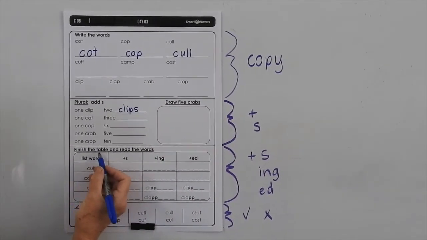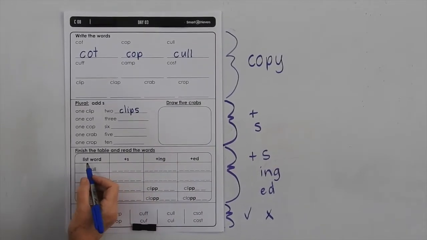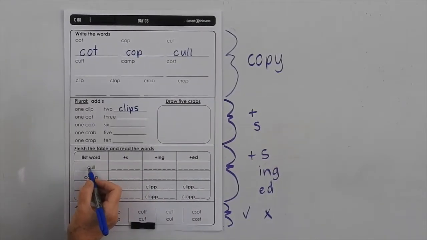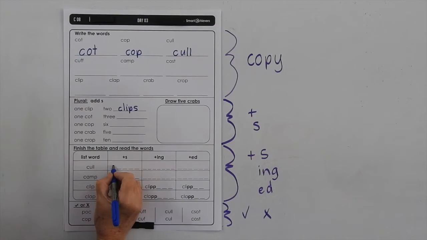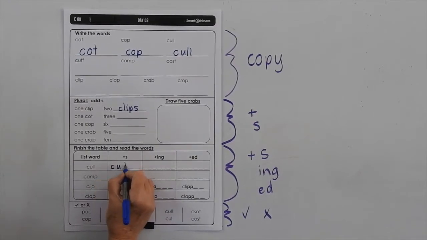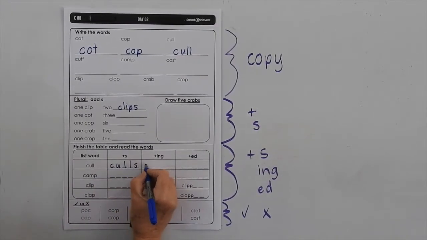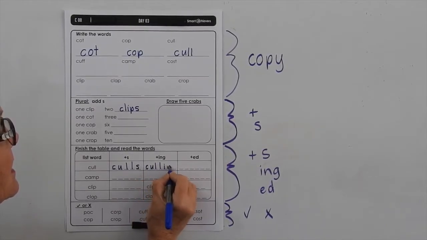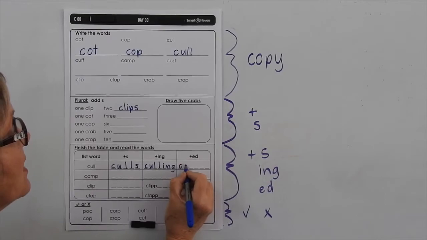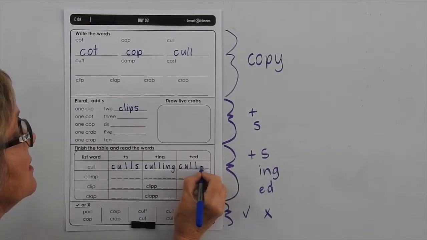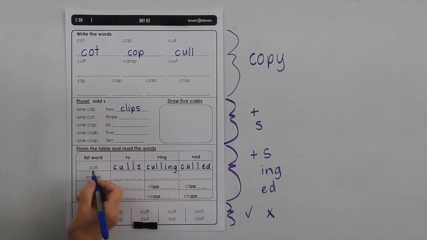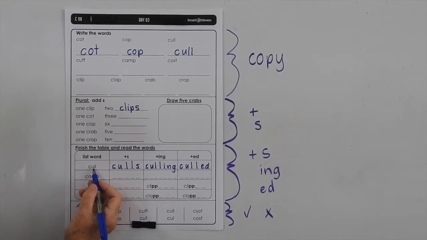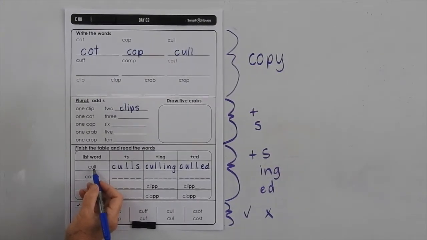Down here you have to finish the table and read the words. Let's go. The first word is cull, then we have to add culls, then we're going to put culling, and then we're going to put culled. So Mum might say to you, you have to cull your toys if you've got too many.